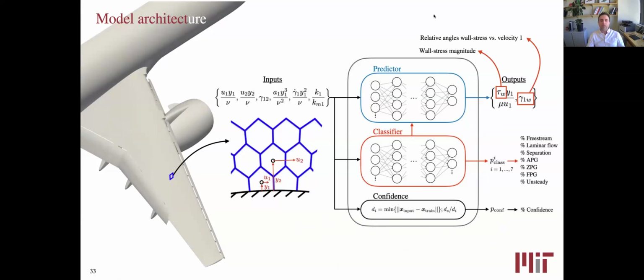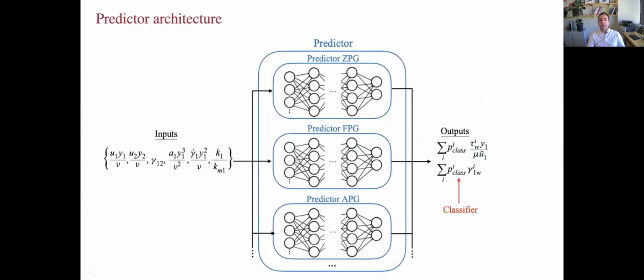Okay. So this is an overview of all the components, and a small justification of what each of them does. So the predictor, if we zoom in and I open that box for you to see how it looks, is actually not a neural network, it's a collection of neural networks. So I have a collection of models, and each model is very good at predicting one of the types of flows that was designed by one building block. So I have a neural network that is very good at predicting zero pressure gradient.